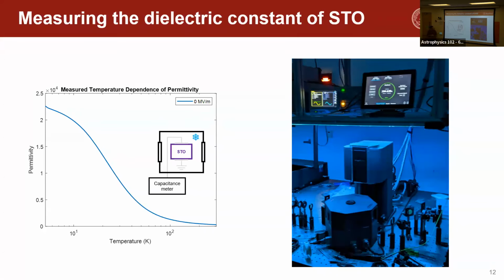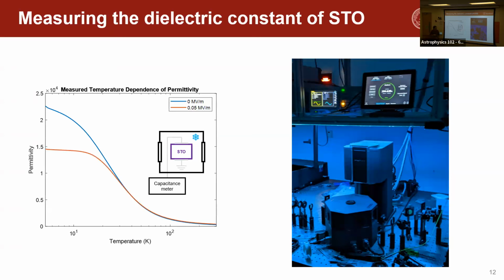But of course, the other important thing we had to look at was how this dielectric constant behaves when we're applying a bias between the top gate and the bottom gate, so an electric field. That's because we expect to be in this quadratic electro-optic regime, where you do have to apply a bias in order to see the effect.